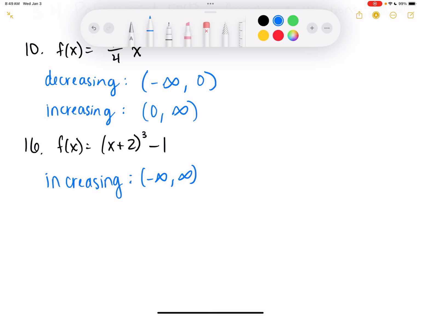The only way that would is if the graph had a part where it's going down, because if it's shifted, then we're looking at x values when we're talking about increase and decrease.